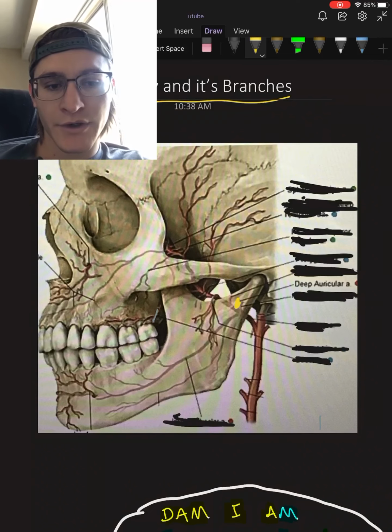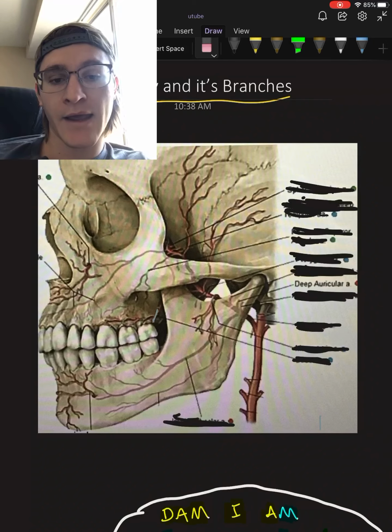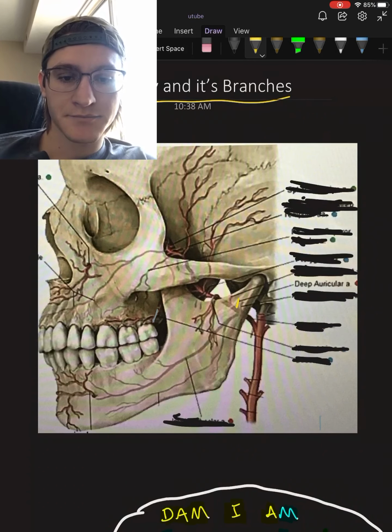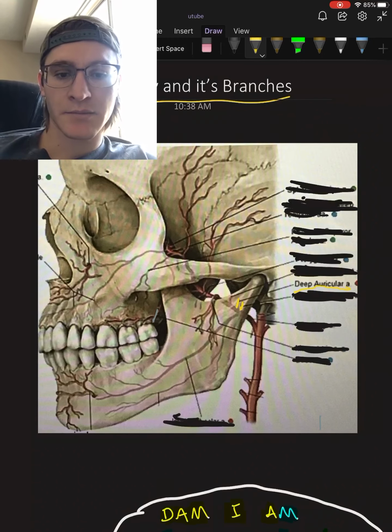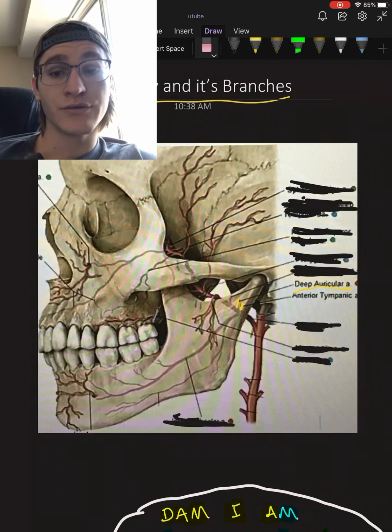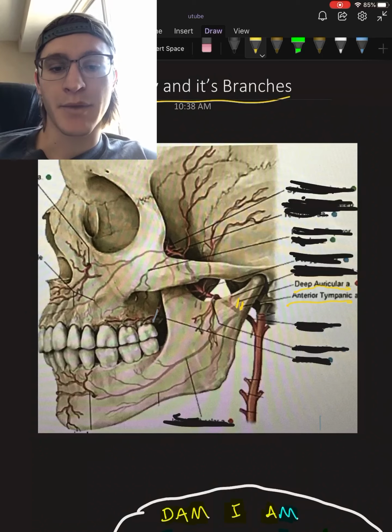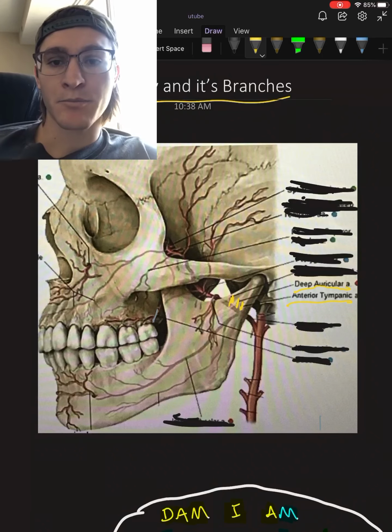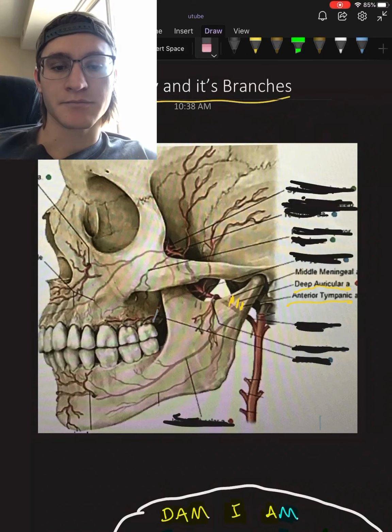Then the second one we're going to draw, so DA. A is going to be our anterior tympanic. So then a little bit more posterior to the deep auricular will be our anterior tympanic, because that's going up and it's going to feed our tympanic membrane, which is our eardrum.